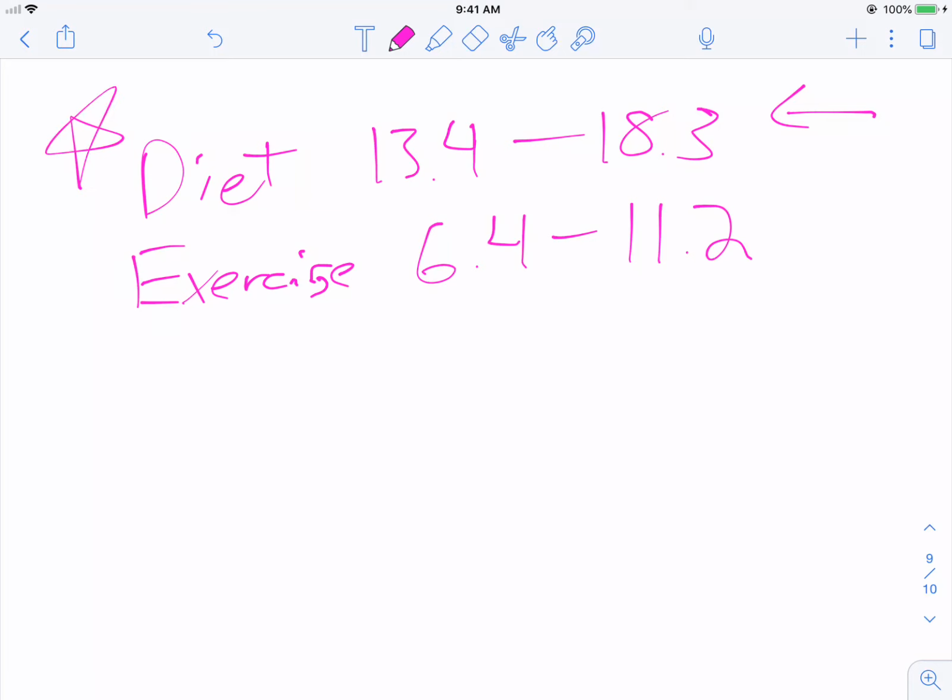If you're going to pick one method of weight loss, diet alone or exercise alone, it looks like we have convincing evidence that the diet alone method is a more effective method. Coming up in the subsequent lessons, we'll be looking at a more direct way of comparing these two. Okay? But for right now, we constructed 2 separate confidence intervals, and we were able to make some conclusions about relating them to one another.